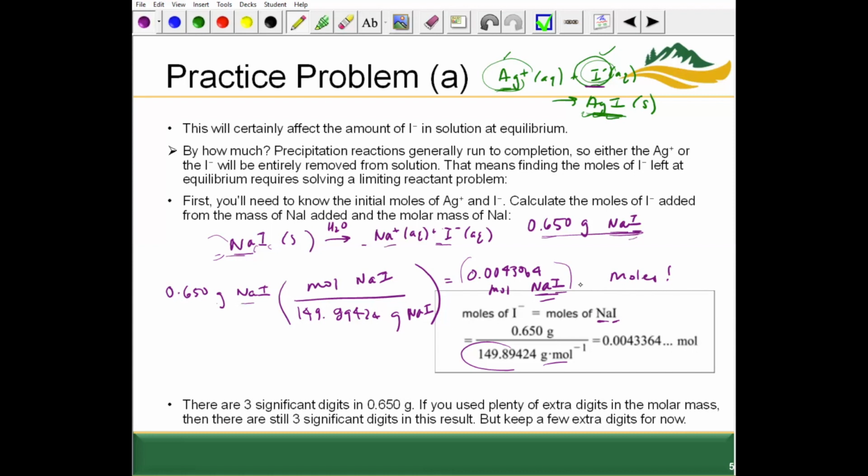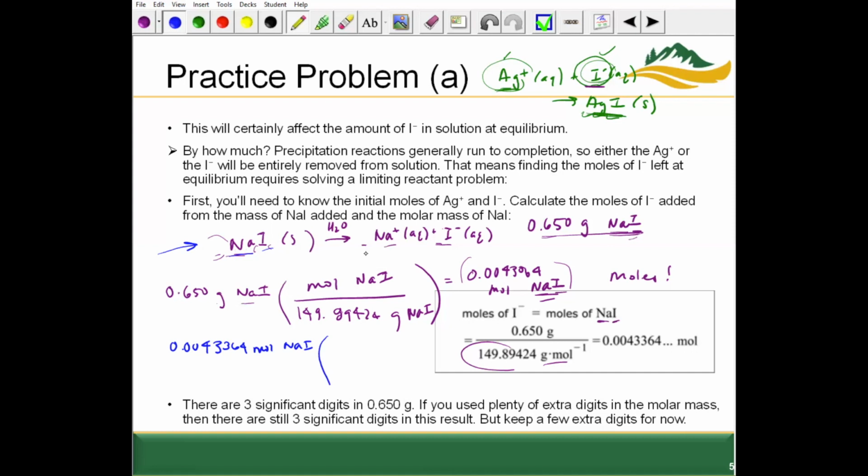Now we actually want the moles of just iodine, right, or the iodide anions. So now we can set this up to say 0.004334 moles of NaI. Then using this balanced chemical reaction for the dissociation of sodium ions and I- ions, we can then make this connection.